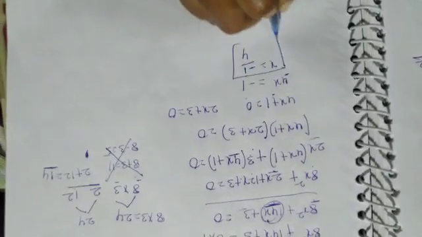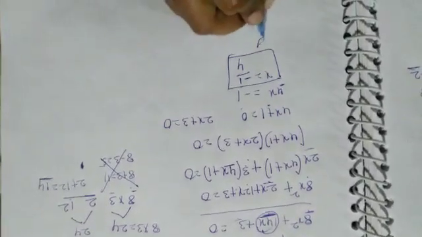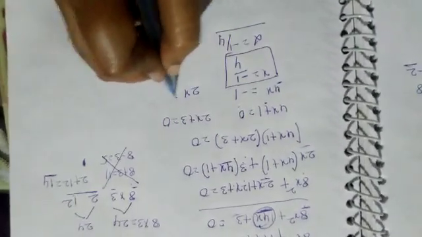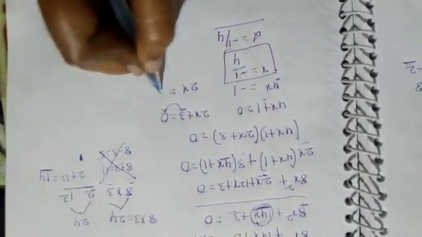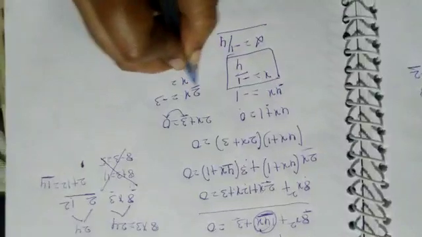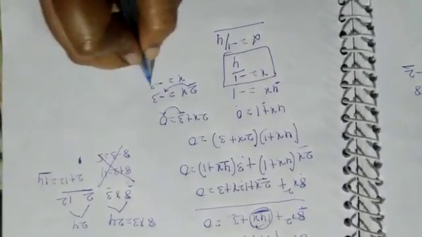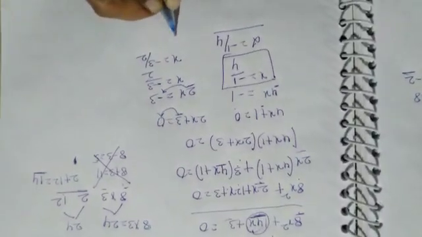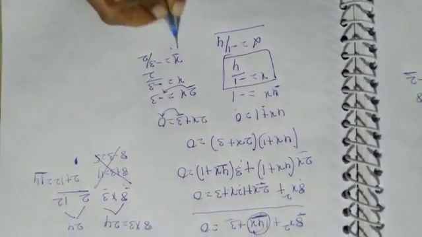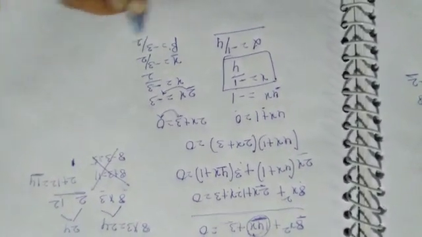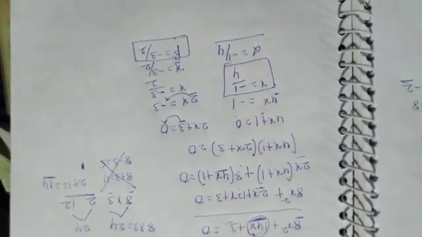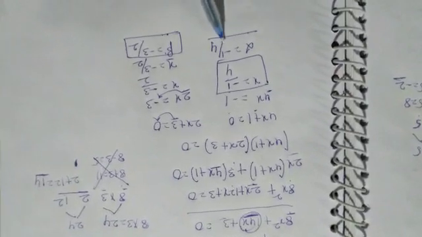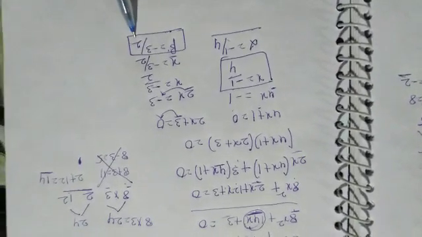X is equal to minus 1 by 4, nothing but alpha equal to minus 1 by 4. 2x equal to minus 3, so x equal to minus 3 by 2, which is beta. We have two zeros: alpha is minus 1 by 4 and beta is minus 3 by 2.